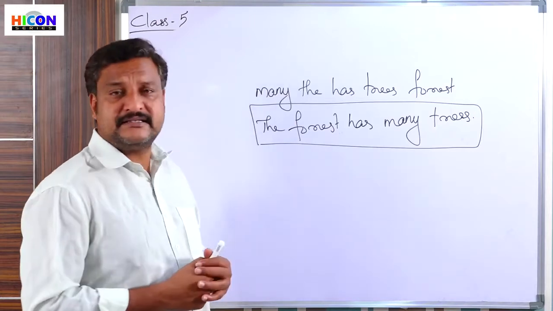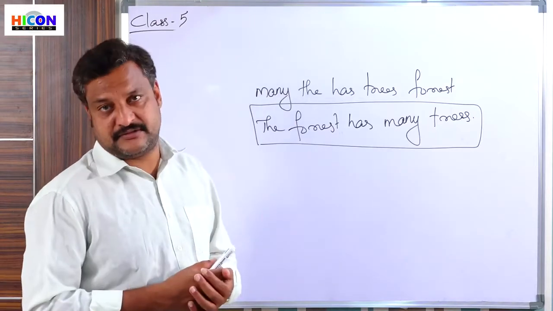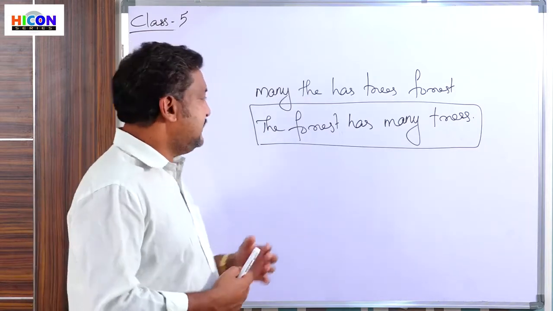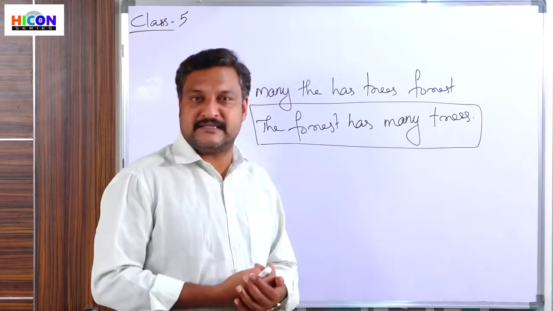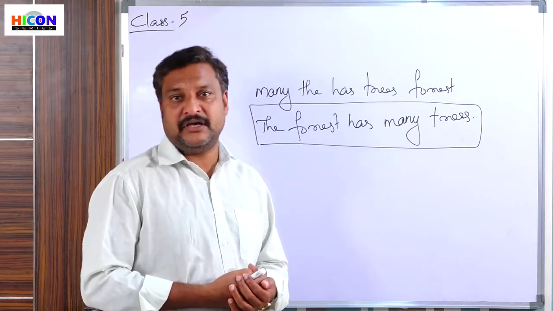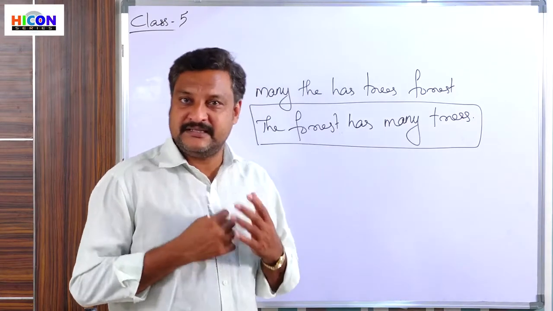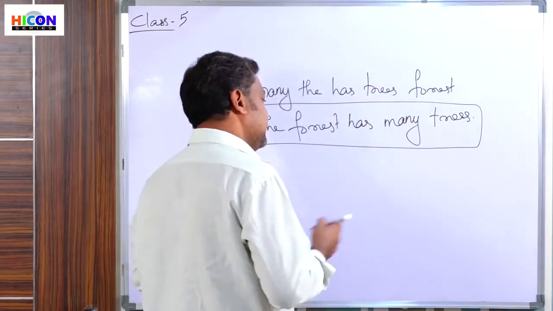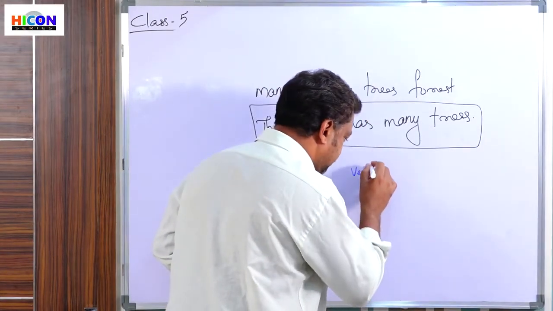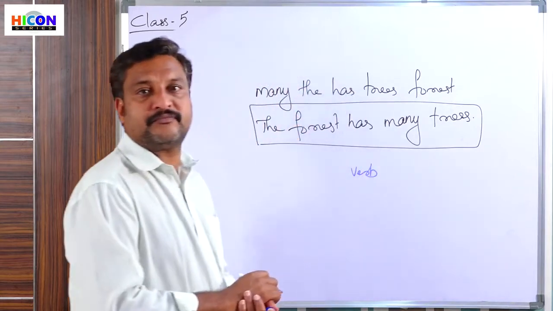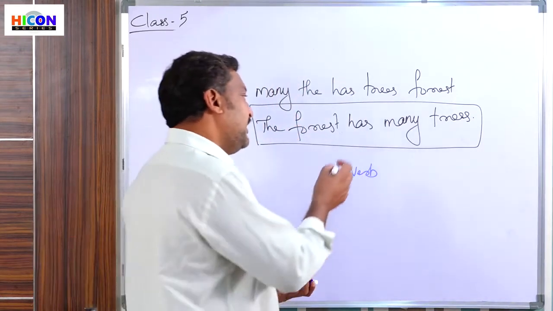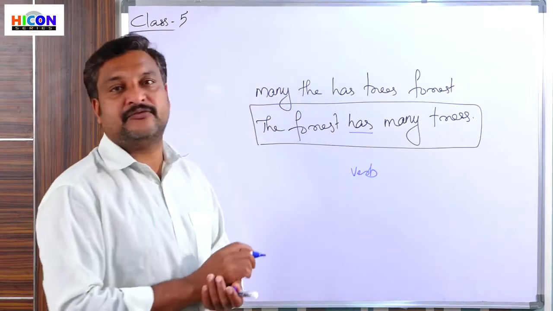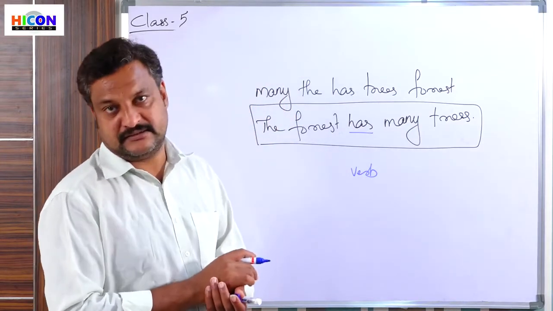A sentence has two different parts. A sentence always says something, and that particular part is the verb of the sentence. When we identify the verb, it becomes easy to divide the sentence.